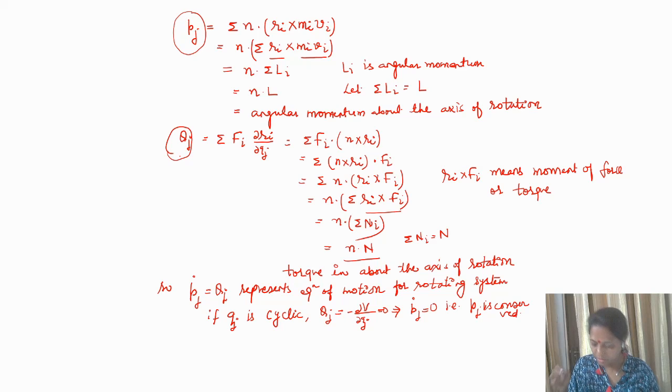So this is the second part of the theorem, or the second theorem: if some coordinate is cyclic and that corresponds to rotation, representing the rotation type of motion, then the angular momentum conjugate to that cyclic coordinate will be conserved. This is all about these two theorems, which are the consequences of cyclic coordinates. Thank you.